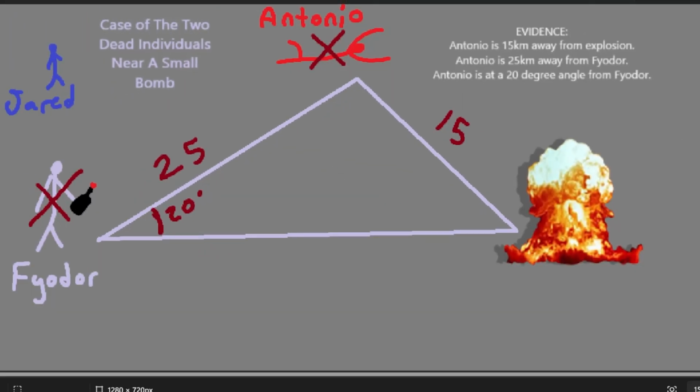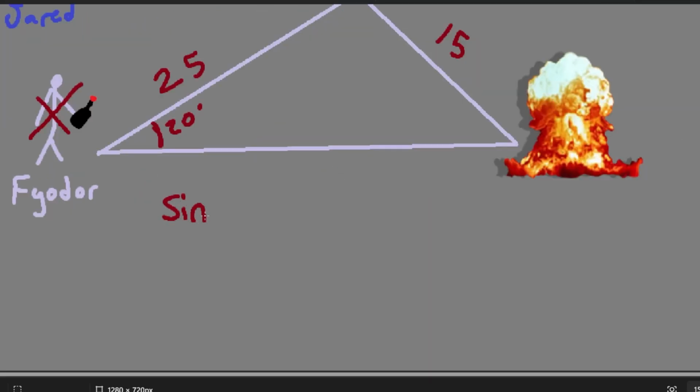So let me scroll down a bit. Sine 20 over 15 is equal to sine, let's say E for explosion, because this is where the explosion is, sine E over 25.